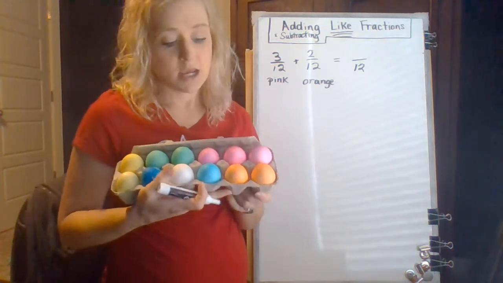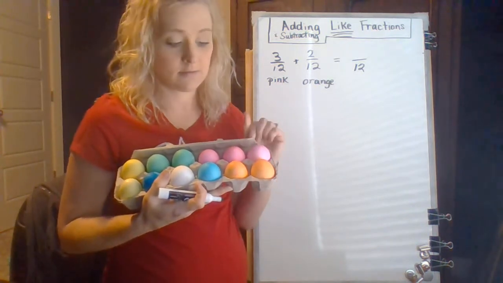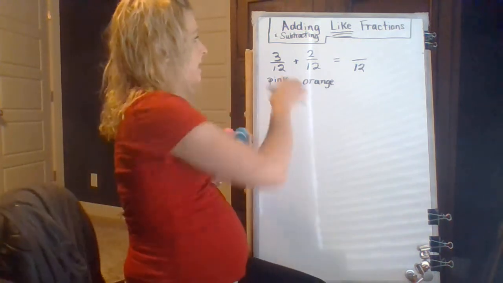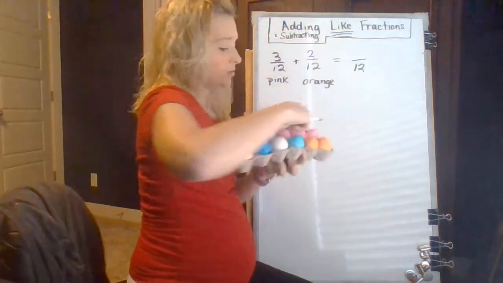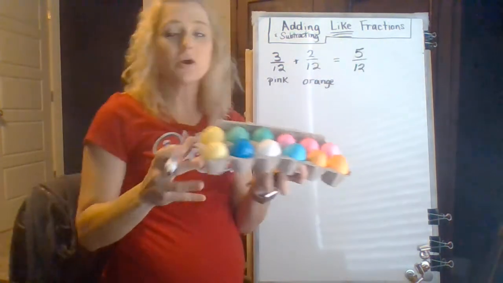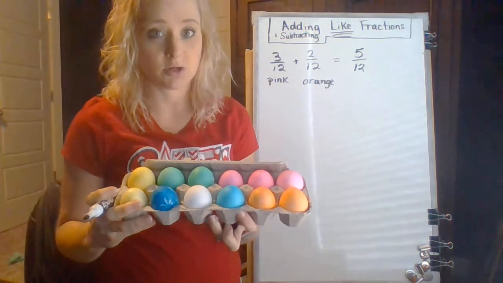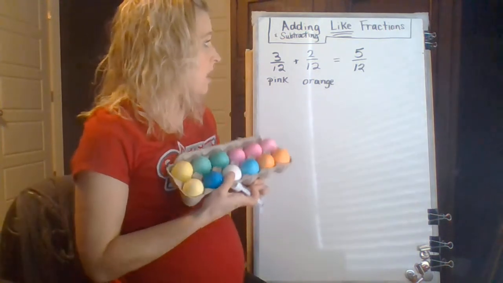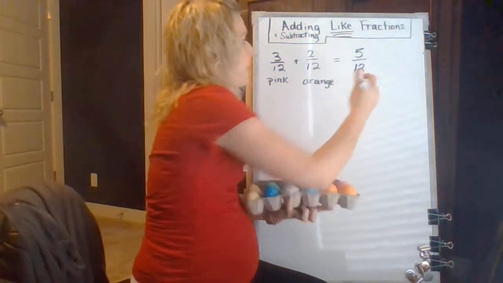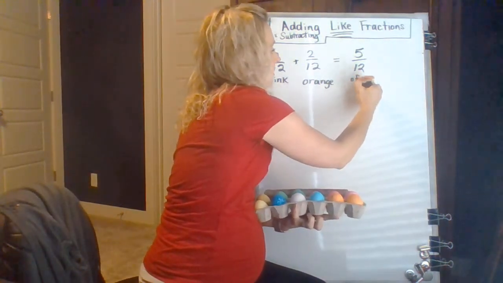So how many eggs are pink and orange out of the carton? Now we're going to add the 3 plus the 2. 3 plus the 2 is the 5. But the whole carton is not pink and orange. Only 5/12 of the carton is pink and orange.